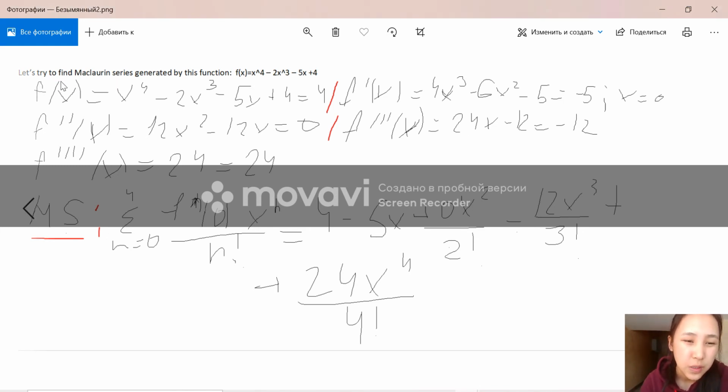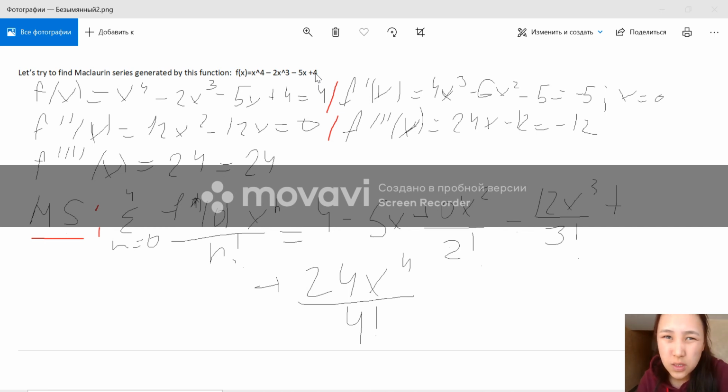Let's find the Maclaurin series generated by this function, f(x) equal to x to the power of 4 minus 2x to the power of 3 minus 5x plus 4.